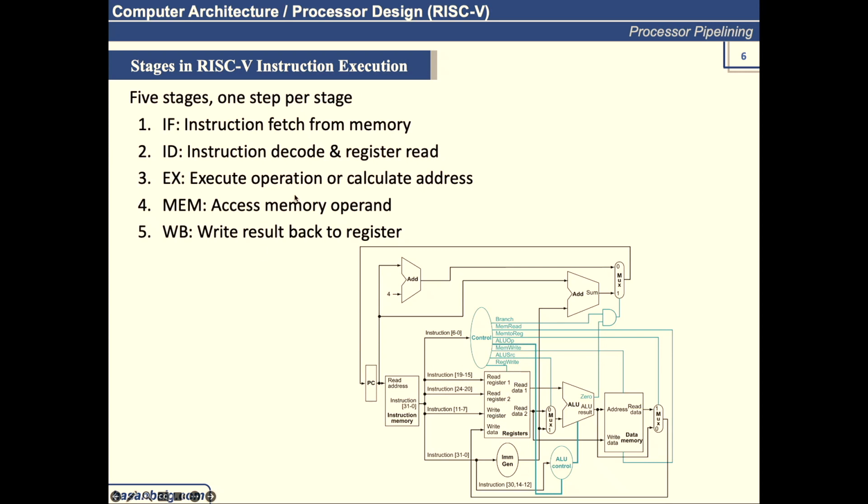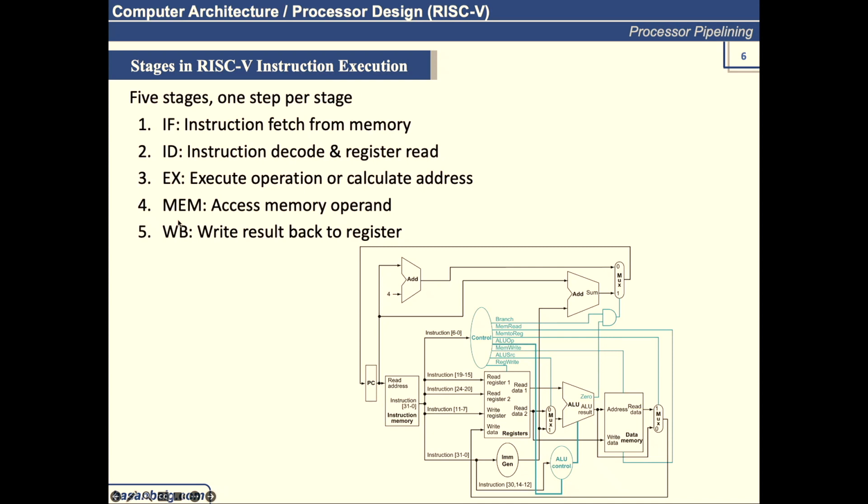Then we have the execution phase where the instruction is executed on the ALU, and then the memory access phase where the data is accessed from the memory, and the last phase is called write back, which writes the results back to the register.